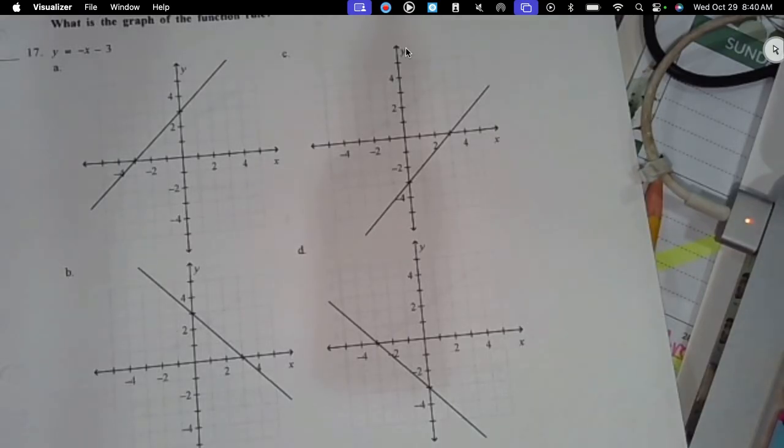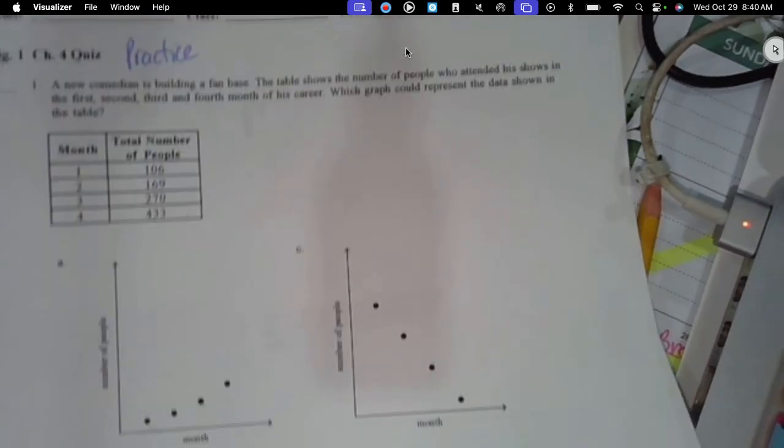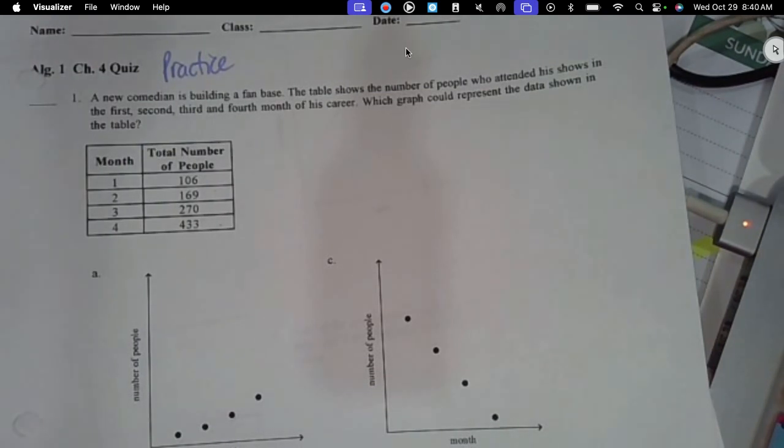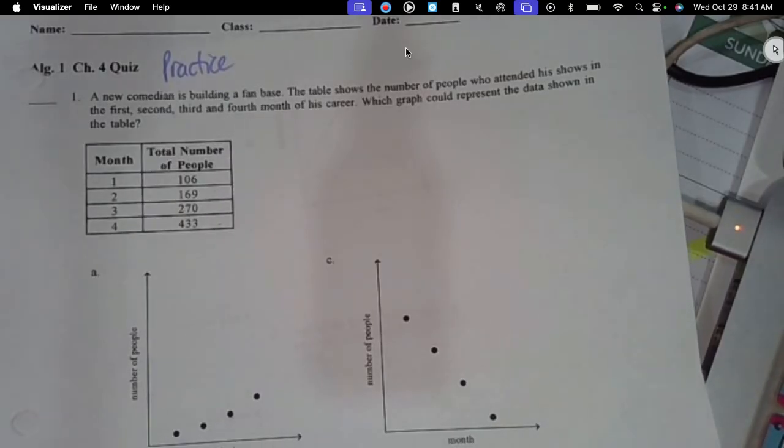Let me see what else. I think I'm at 10 questions. I didn't put that one on there. Okay, so that puts us at 10 questions. That's what we're going to have on there. So I'm about to do a practice. Let me print these.